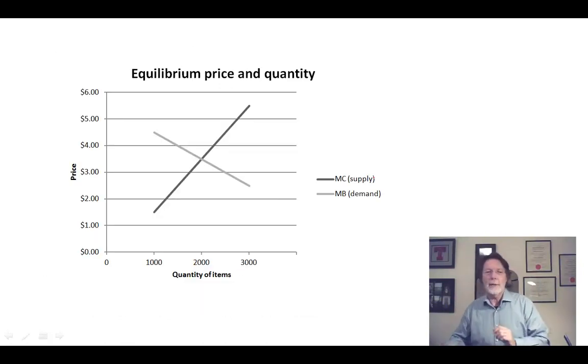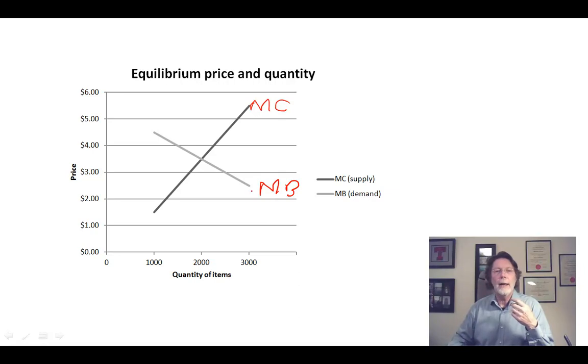So let's just see how this goes, and I hope this is probably not news for you how this works, but here we've got the marginal cost going up as we produce more and more items, and here we have the marginal benefits going down as we consume more and more items.